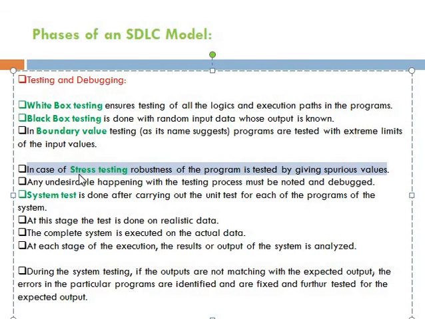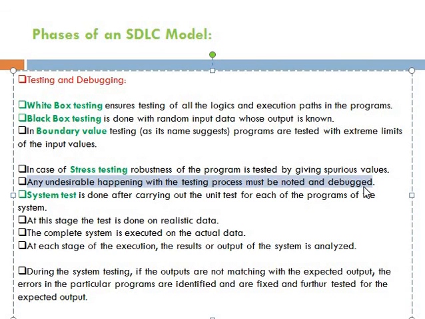The next type of testing is the stress testing. So in the case of stress testing, the robustness of the program is tested by giving some spurious or fake values. And if the system that you have developed does not respond to spurious or fake values, then we can say that the system is robust and strong after the stress testing.